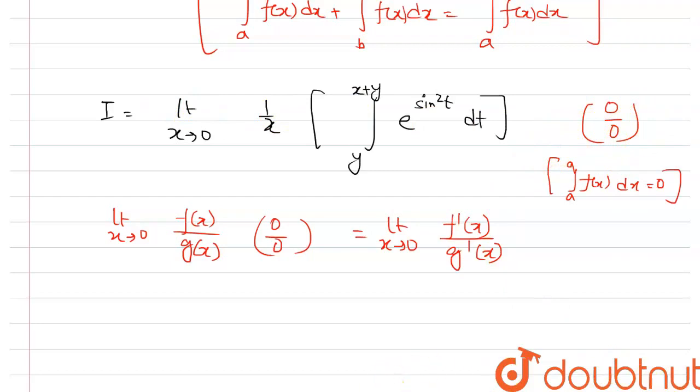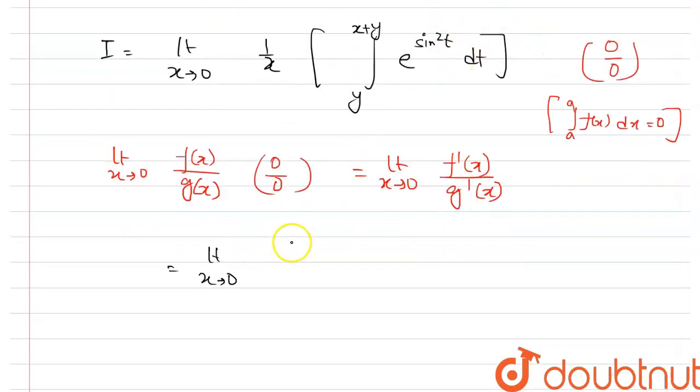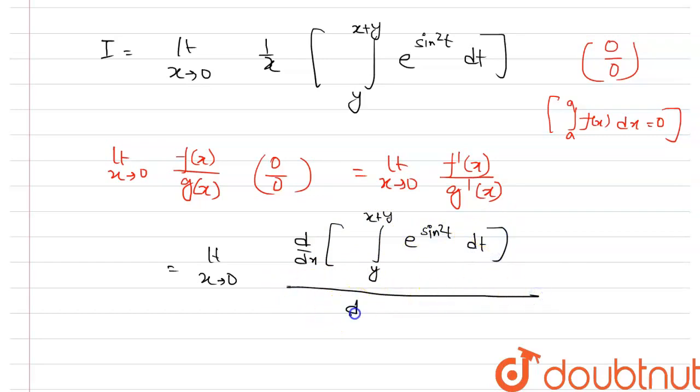So this can be written as I equals to limit x tending to 0 ddx of integration from y to x plus y e to the power sin square t dt divided by ddx of x.